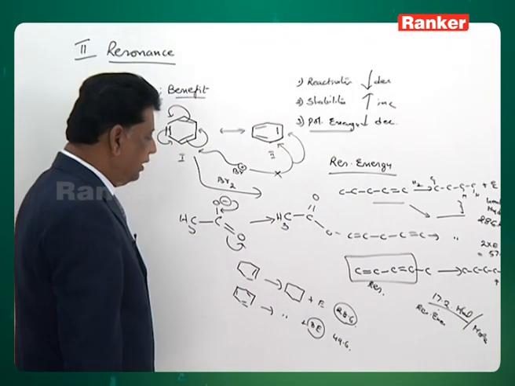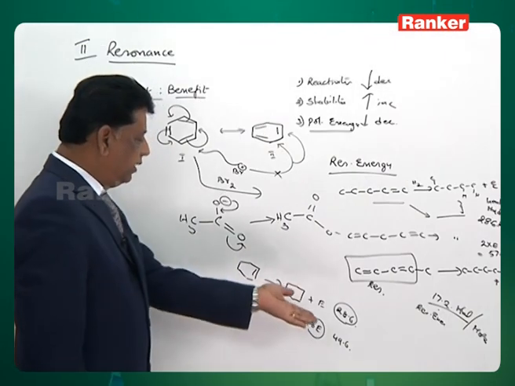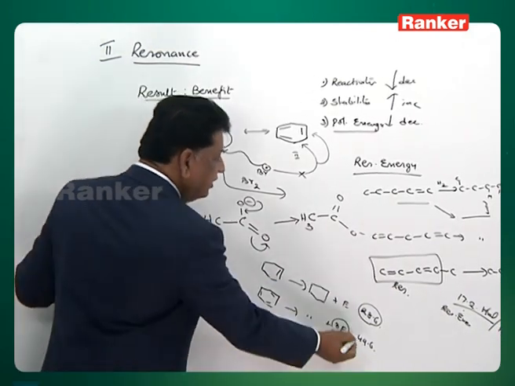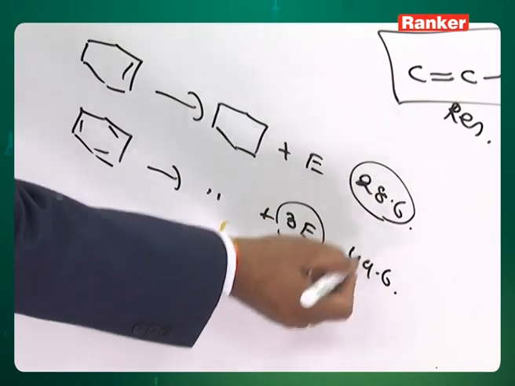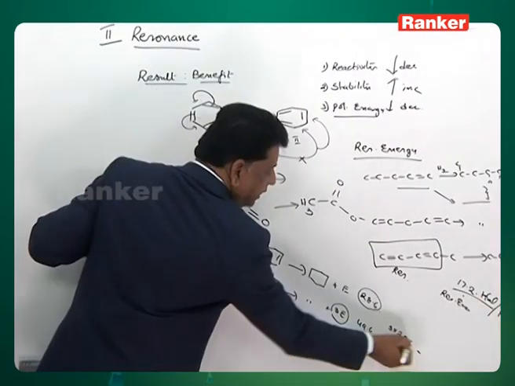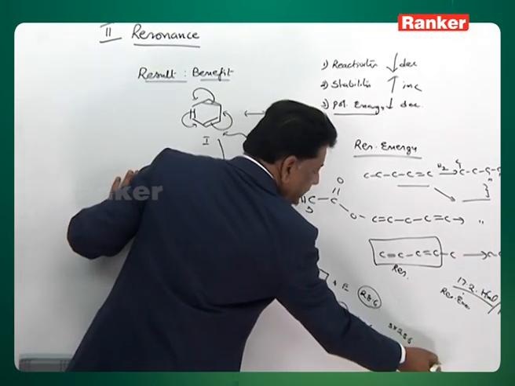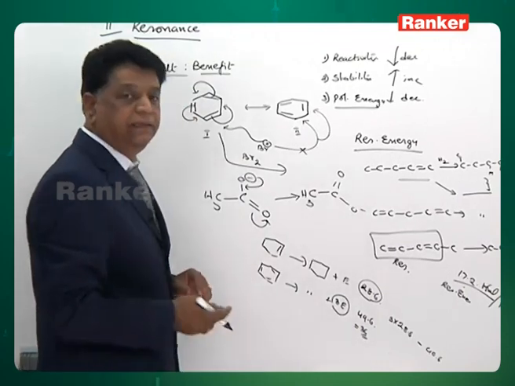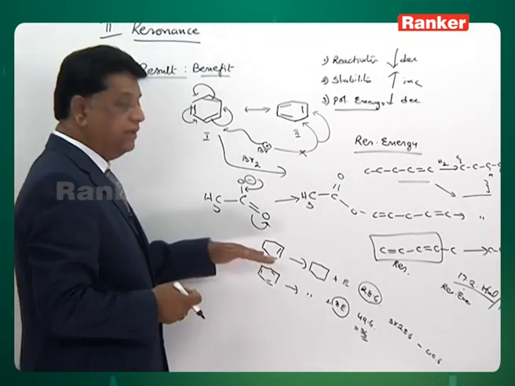You should actually get 85 point something, but you are not getting it. So the difference, 3 into 28.6 minus 49.6, gives approximately 36 kilocalories. That 36 is called the resonance energy.